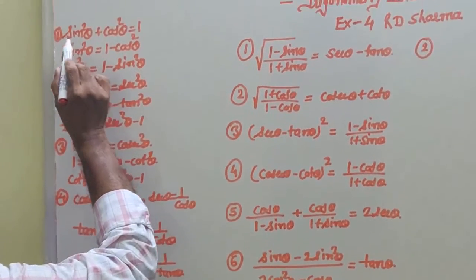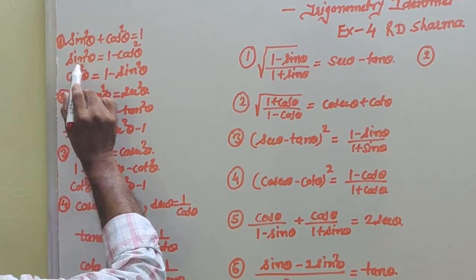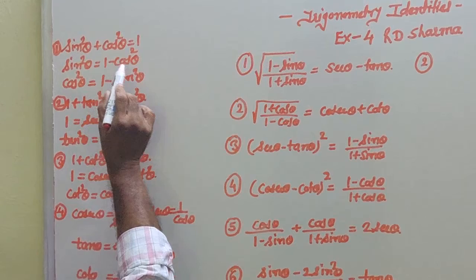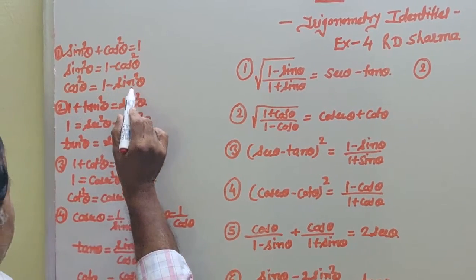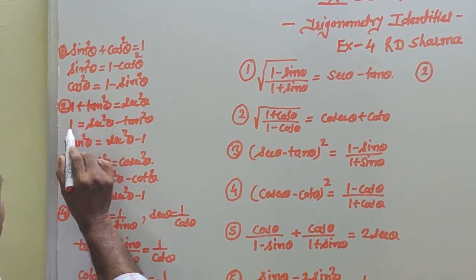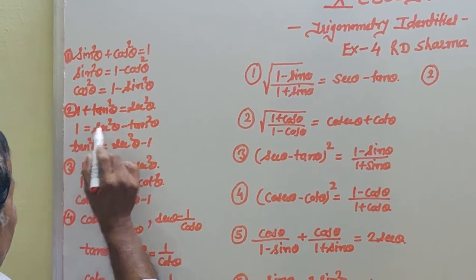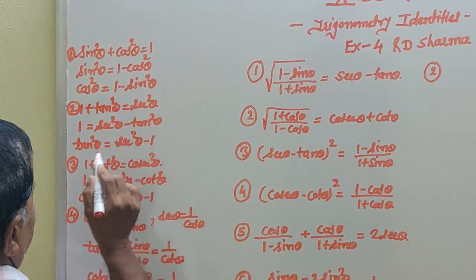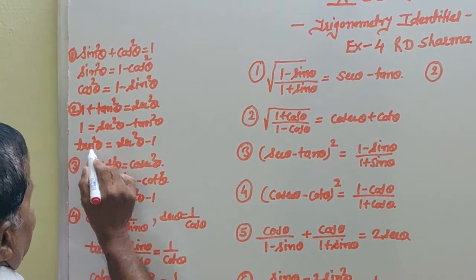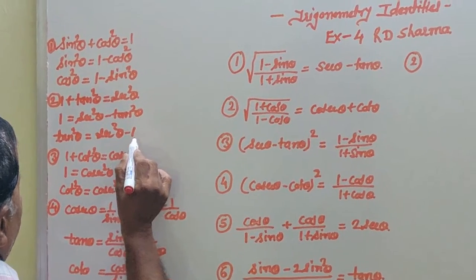Now, from the first identity you can write down sin square theta is equal to 1 minus cos square theta, or cos square theta is equal to 1 minus sin square theta. From the second identity you can write down 1 is equal to sec square theta minus tan square theta, or tan square theta is equal to sec square theta minus 1.